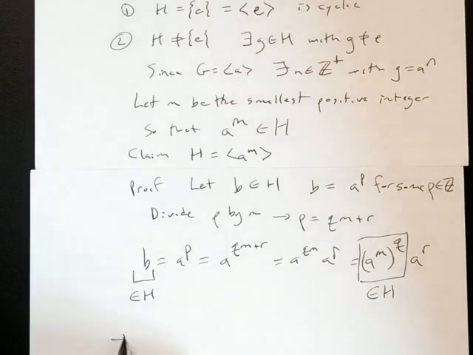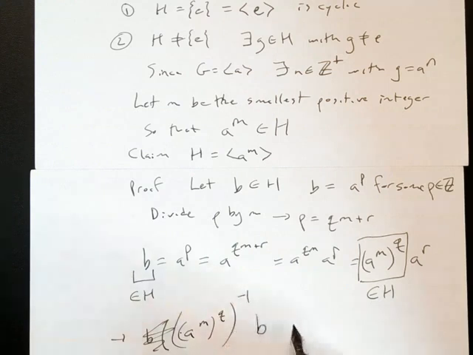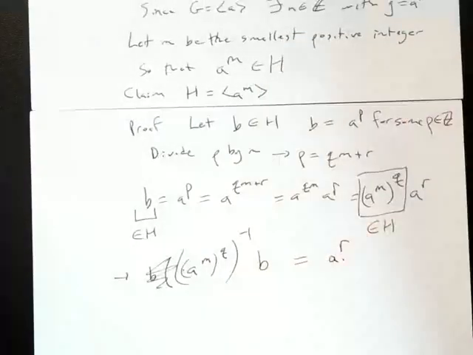Put it on the other side. Therefore, B times, I want to put it on the other side, A to the M to the Q inverse, B equals A to the R. It was on the left, so I multiplied by the inverse on the left. I know, we know it's abelian, it doesn't matter. I'm being pedantic for the moment.